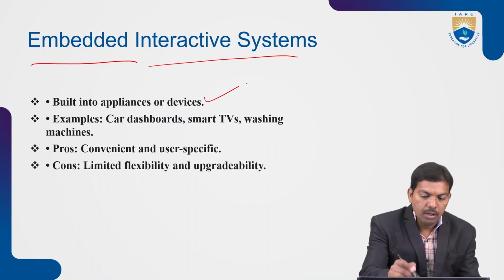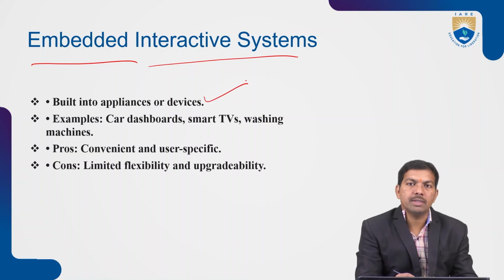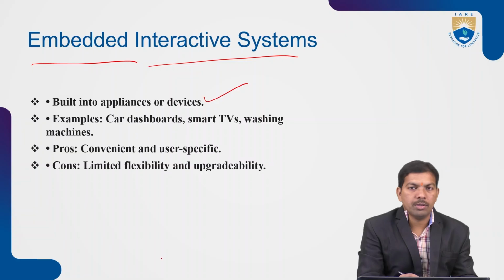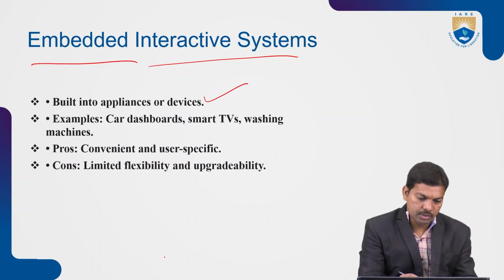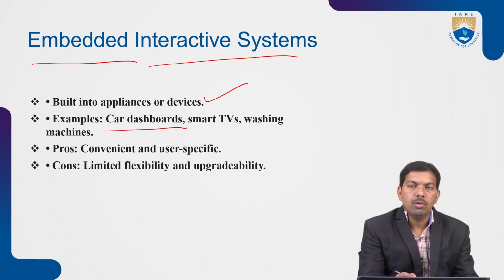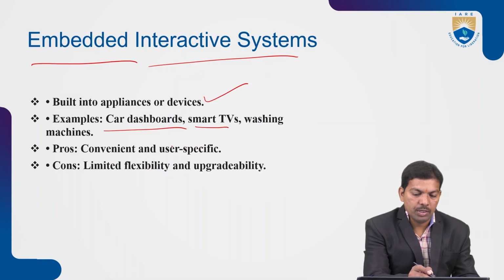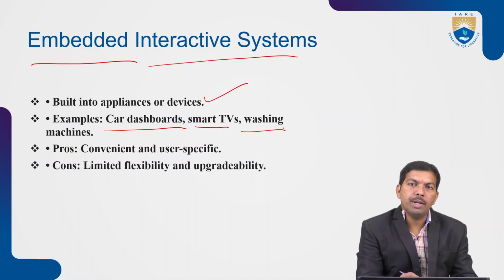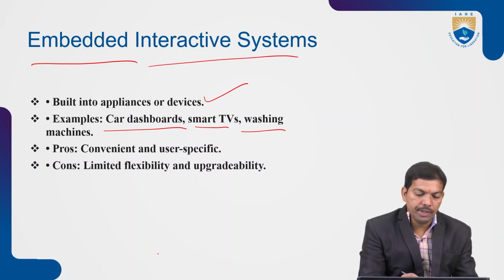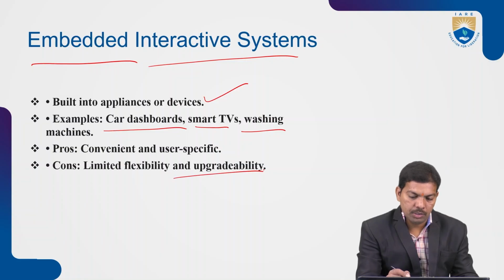Directly we are building them into the device or into the application. These are the embedded systems we use for communication. The cons are convenient and user specific, but limited flexibility and unpredictability.